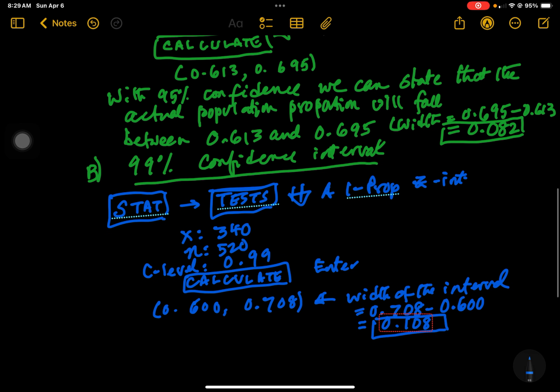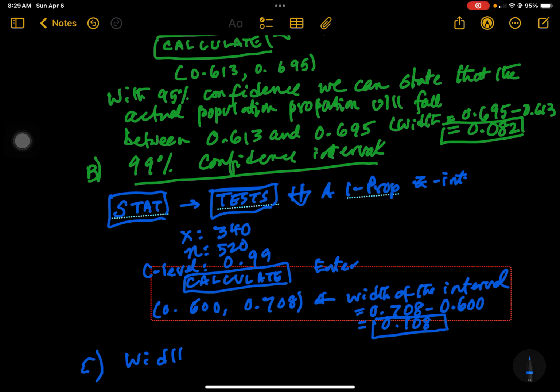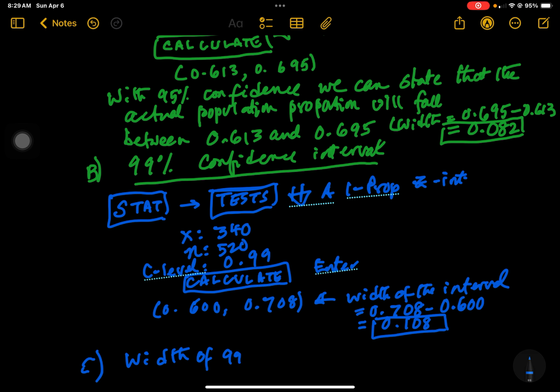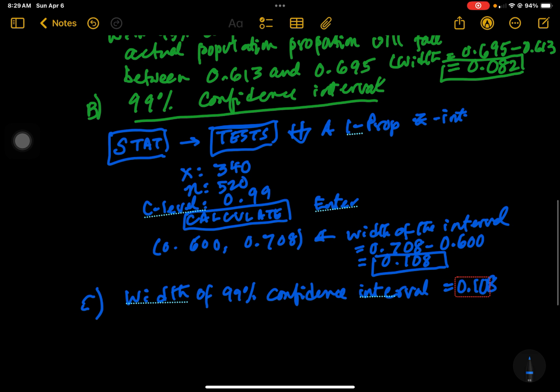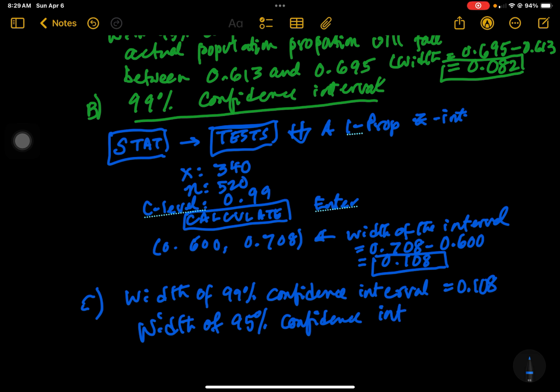So looking at part C, width of 99% confidence interval is 0.108 and width of 95% confidence interval is 0.082.